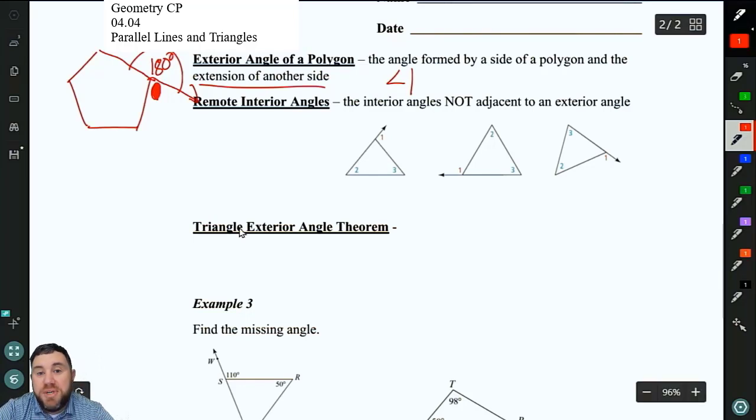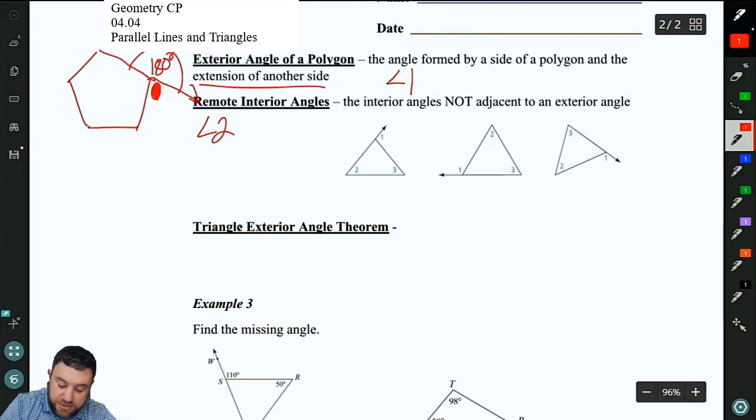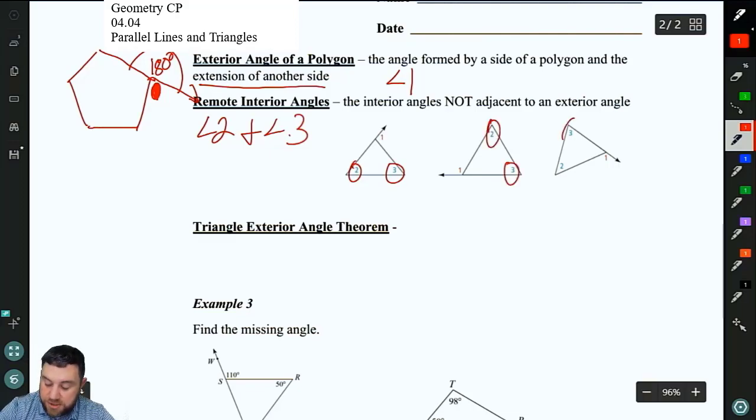We also have remote interior angles, and those are the two angles inside the triangle that are not adjacent to our exterior angle. In these pictures, that's angle 2 and angle 3. You can see these two are not adjacent to, they don't share a side with angle 1. Same thing in each of these pictures.